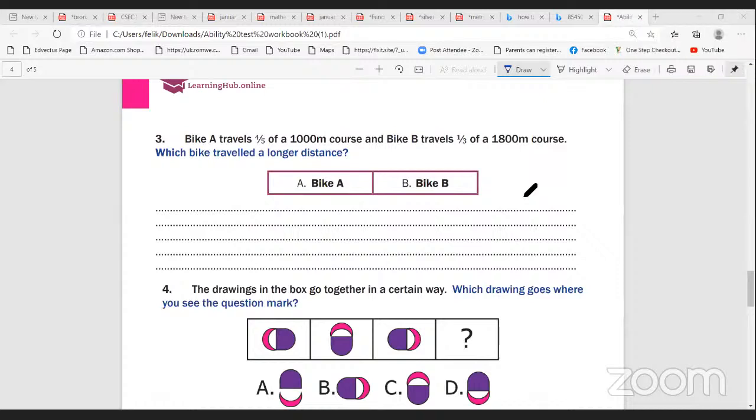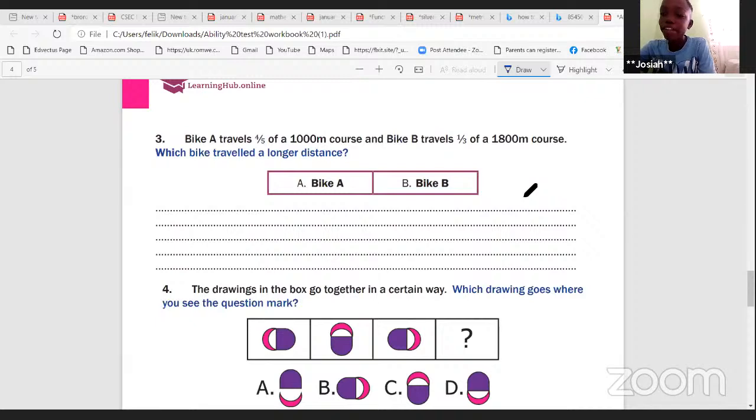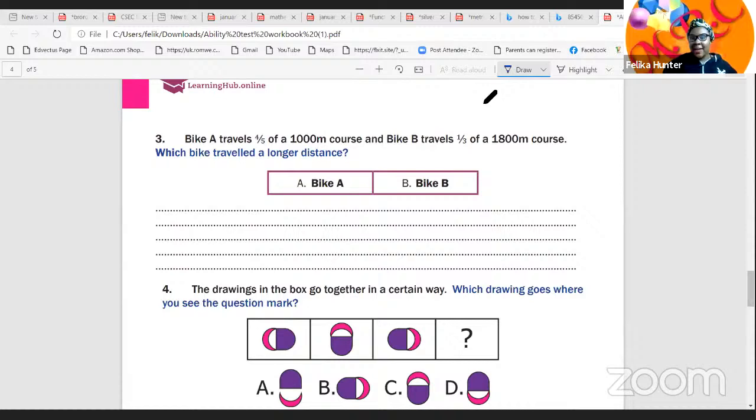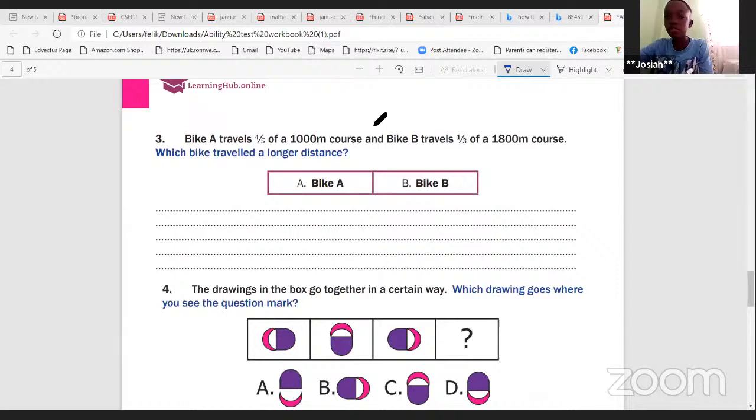Miss, we can write it on the screen. Okay, ask for permission and I'll try to give you permission to write if that works. Do you see the option? Yes, Miss.